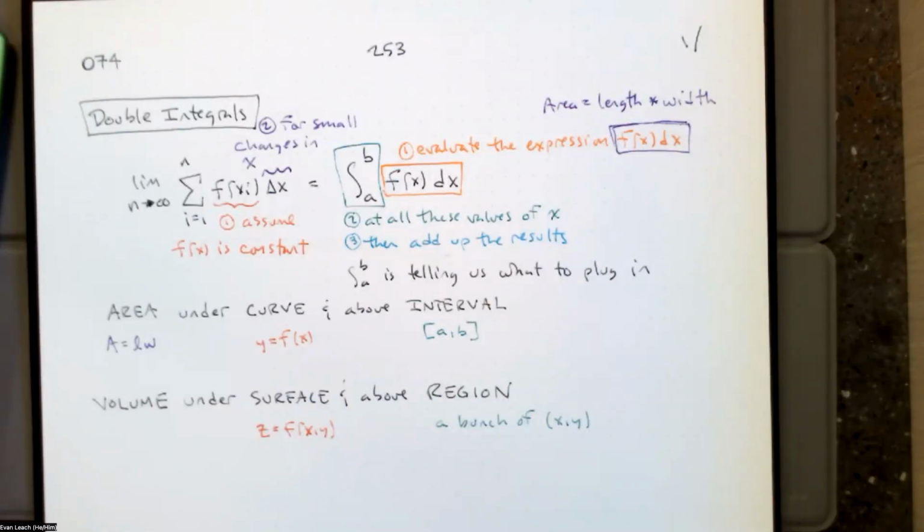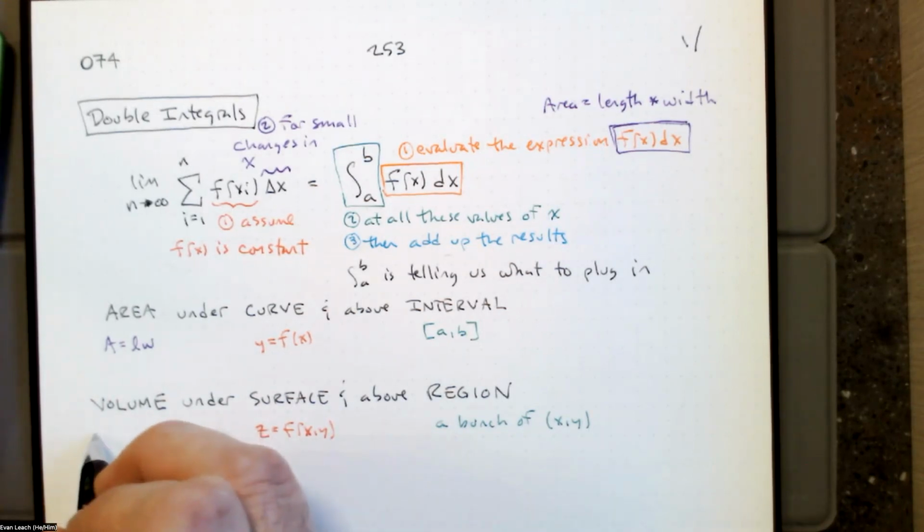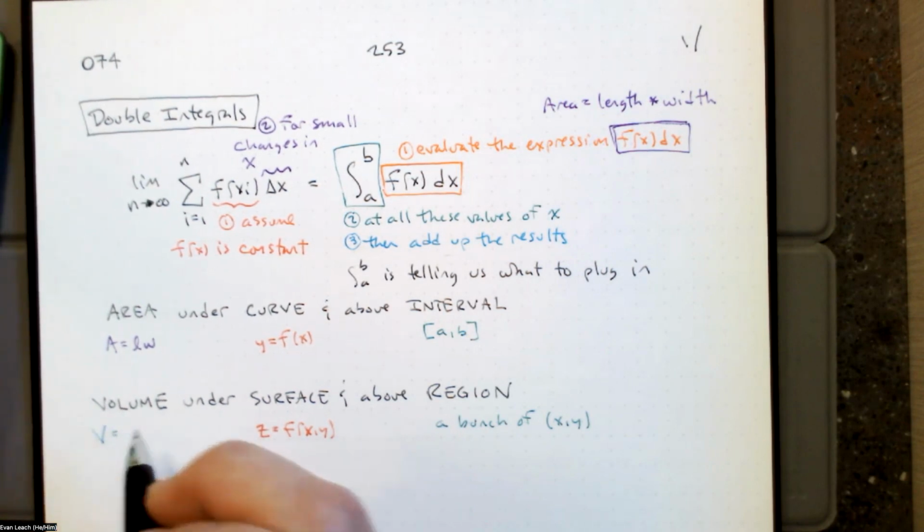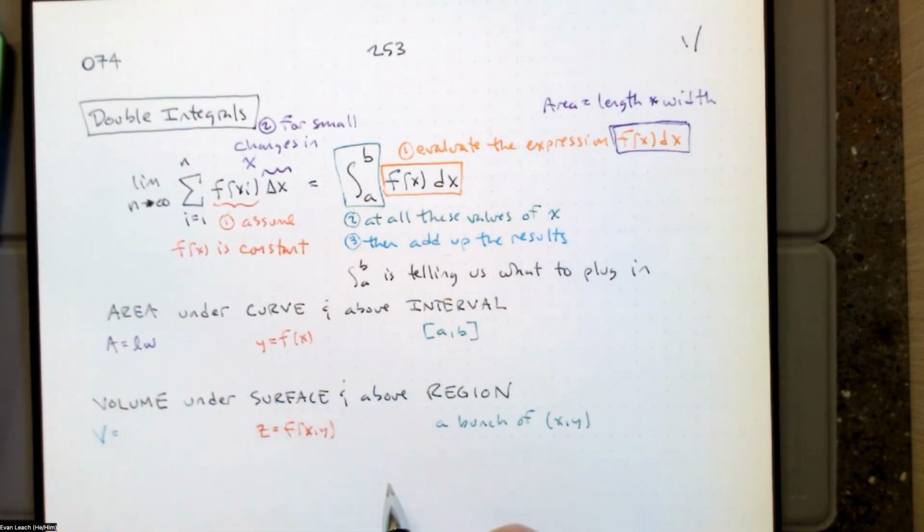So instead of the area, which is a two-dimensional area, the space between two one-dimensional things, we have between a surface and a region, we have a volume between two areas. And we're going to calculate volume as height times area.